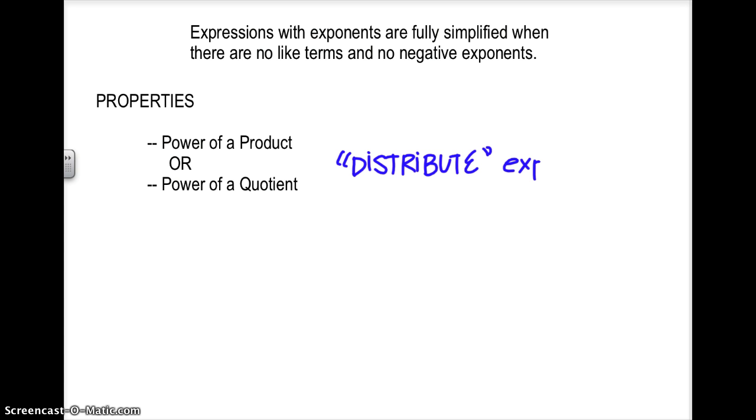There are quotation marks on distributing, because it's a modified form of distributing. I want to show you what I mean. What we have is 6xy to the third. Just an example. You all know that these parentheses tell us the base is 6xy. 6xy is multiplied 3 times.